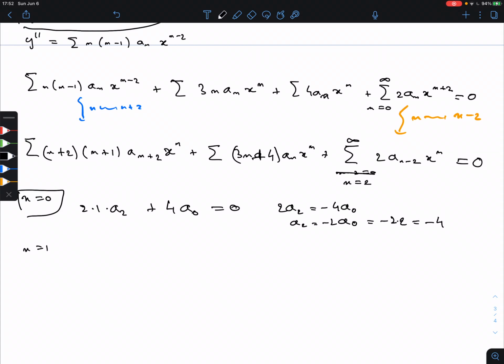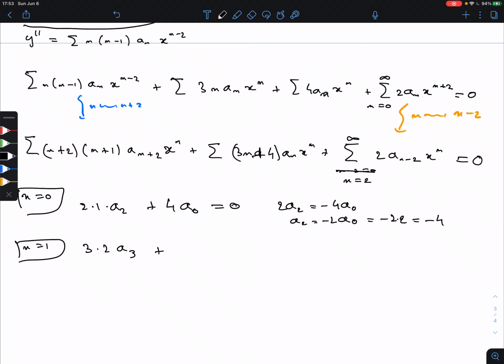Okay, n equals 1. You might think n equals 0 is going to give me a 0. No, it gives you something, whatever it is that it gives you. So n equals 1. What do we get? We get 3 times 2 a3 plus 3 plus 4, that is 7 a1, and that's again 0.